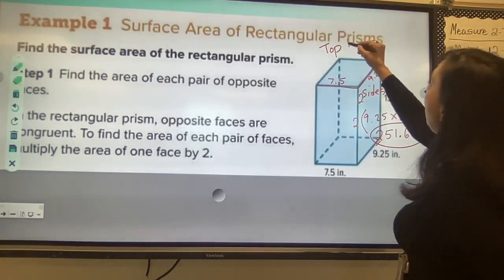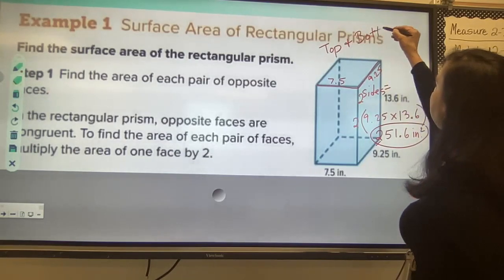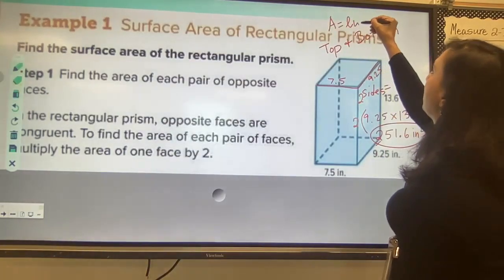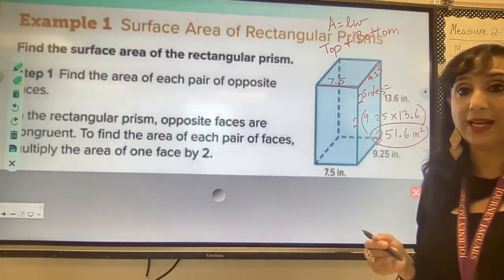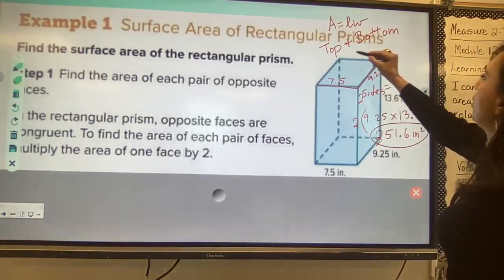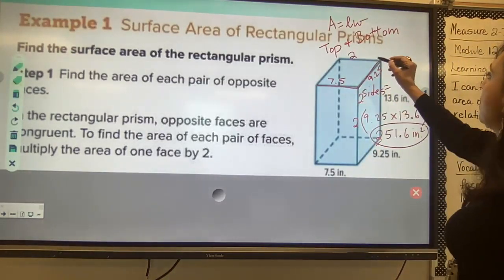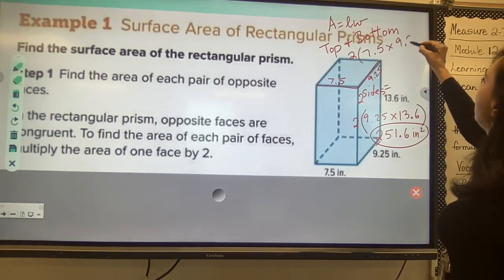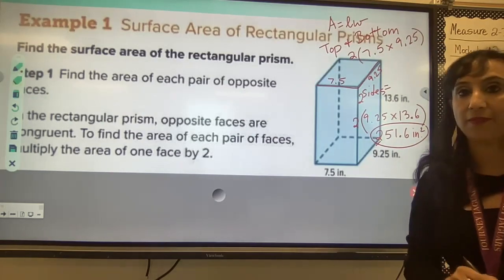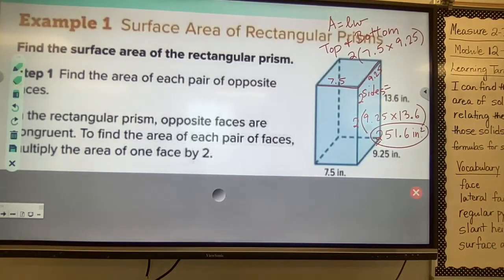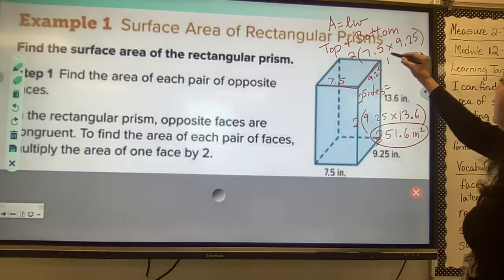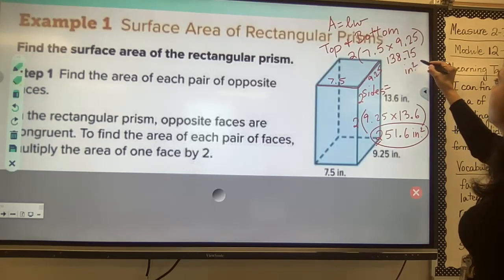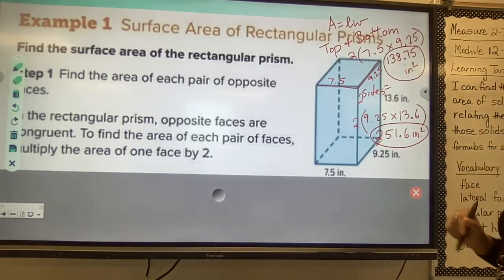For the top and bottom, area is, what did we say, length times width. In a rectangle, it's length times width. So top and bottom would be 2, because I can just see the top over here, 2 times 7 and 5/10 times 9 and 2500. When I calculate that, I get 138 and 7500 inches squared. So this is going to be my top and bottom.